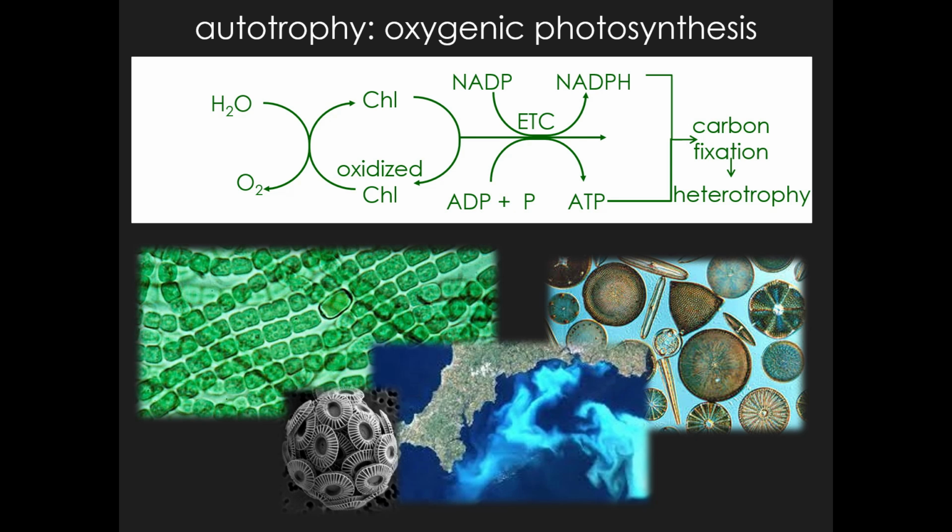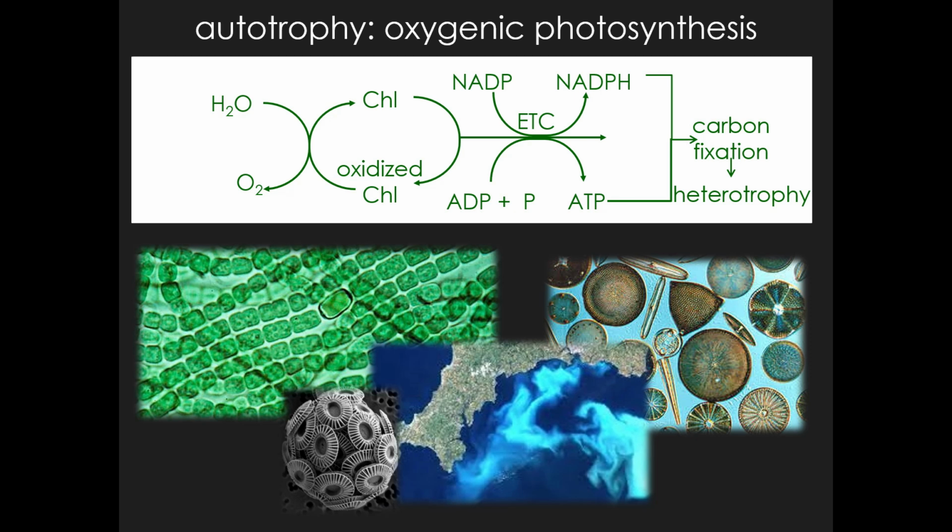Then they can use a lot of that ATP toward nitrogen fixation. And in fact, you can see a specialized cell there amongst all of the other cells of cyanobacteria called a heterocyst, which is a cell where nitrogen fixation occurs.